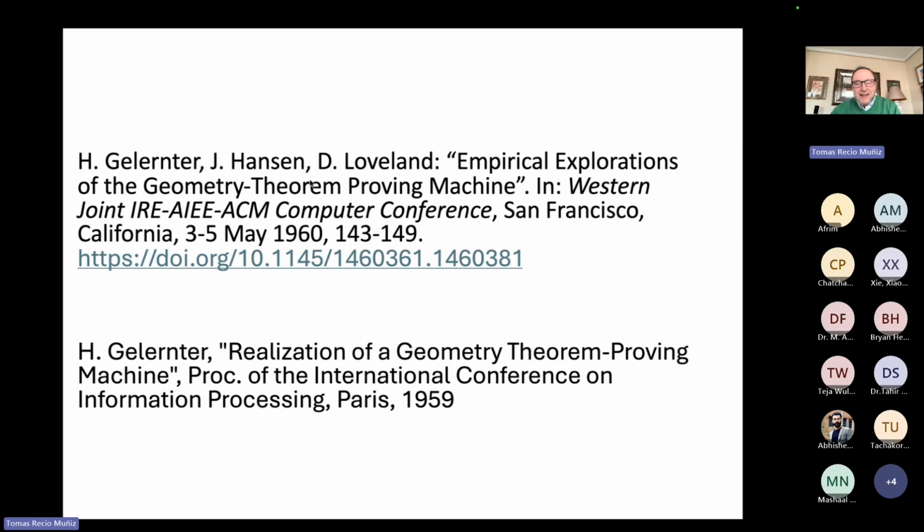Let me say that the first time, in my opinion, that someone tried to make a machine that in some sense was a mechanical geometer was in 1959, by somebody called Gelernter, who was working for IBM, and he was building machines to automatically prove geometry theorems in those days.